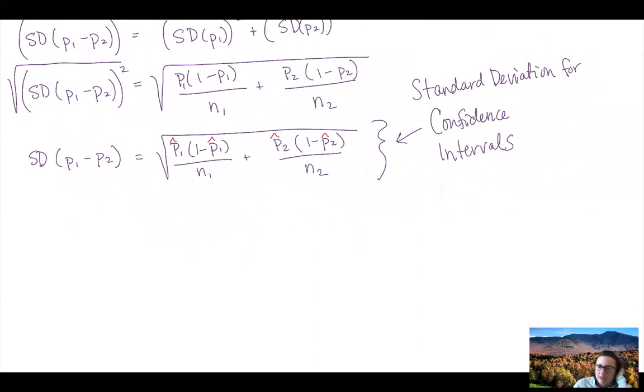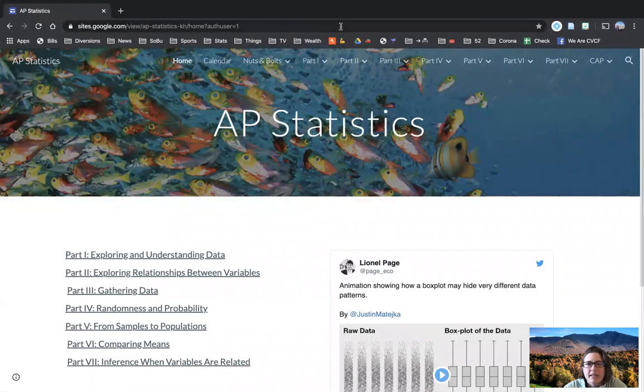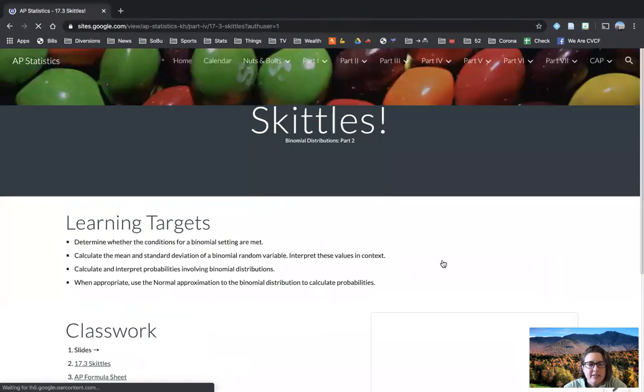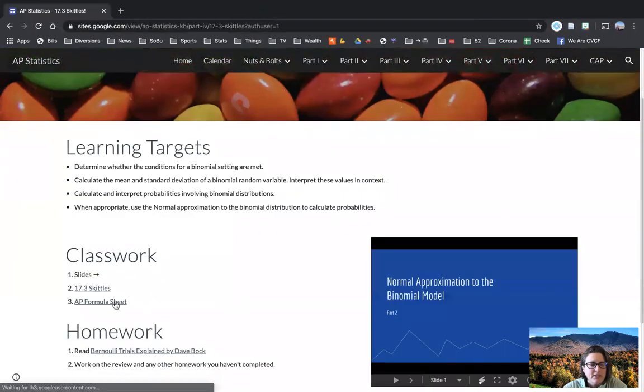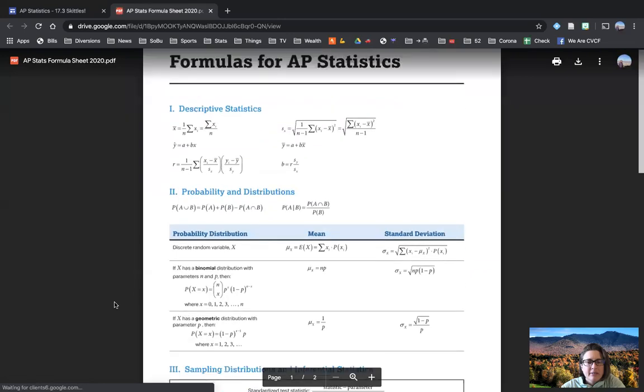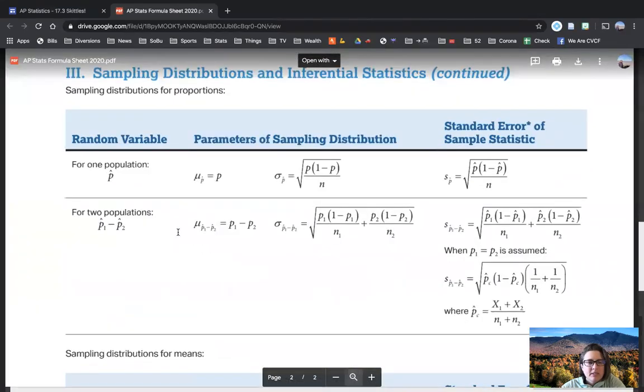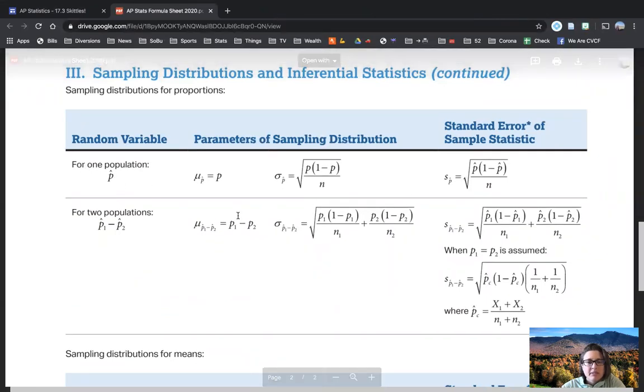If you look at the AP formula sheet, if you're on our website, if you go to the Part 4 section and go down to the Skittles page, the AP formula sheet is linked right here. And if you go down to the second page, you'll see we've covered the formulas for one population. These formulas should look familiar.